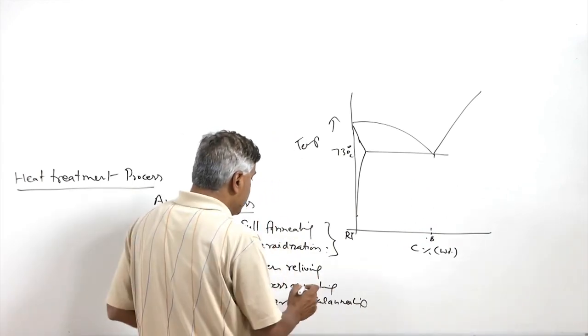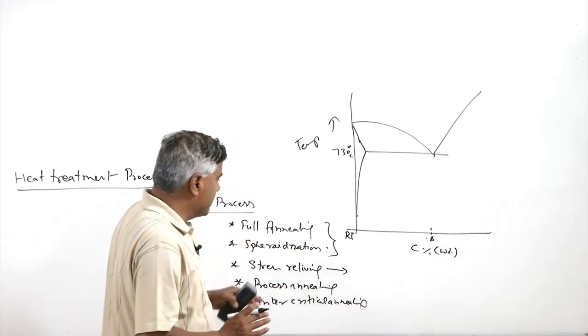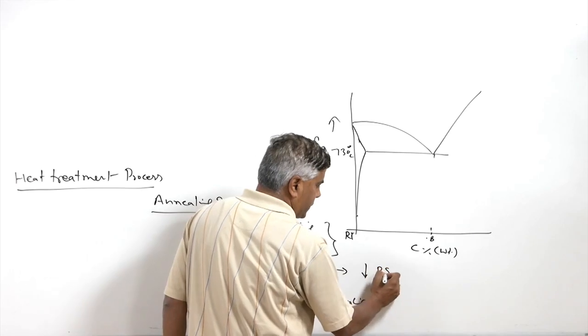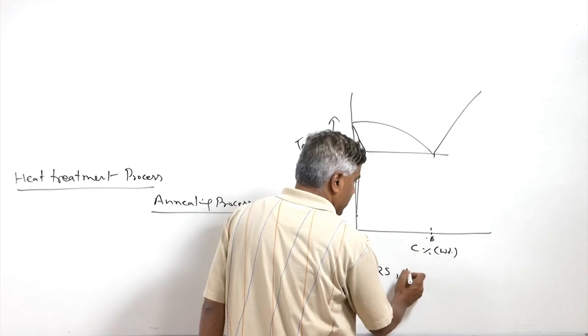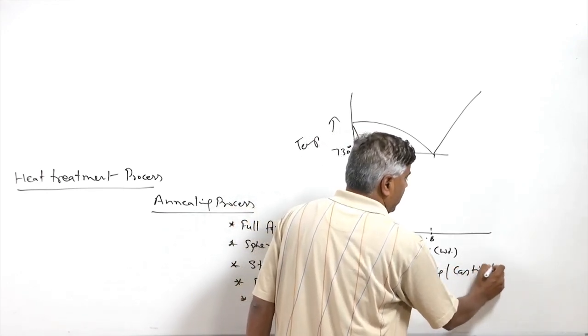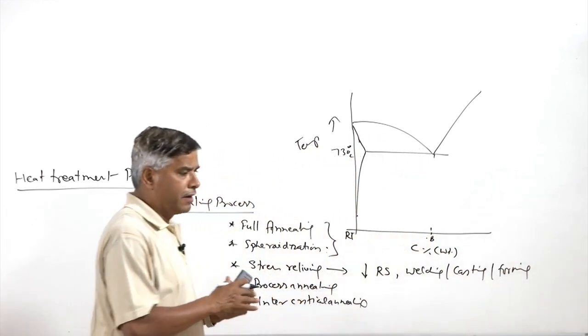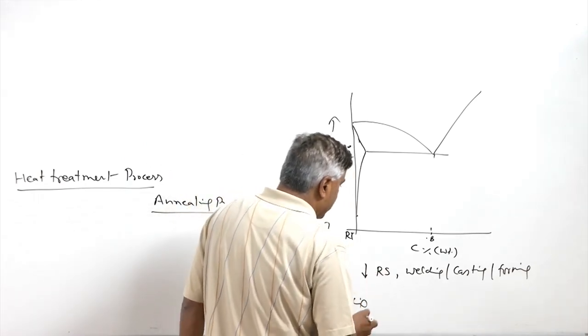The purpose of the stress relieving annealing treatment is to lower the residual stresses, if they have been developed in the course of manufacturing processes like welding, casting, and forming. Even very abusive or rough machining can also induce residual stresses.